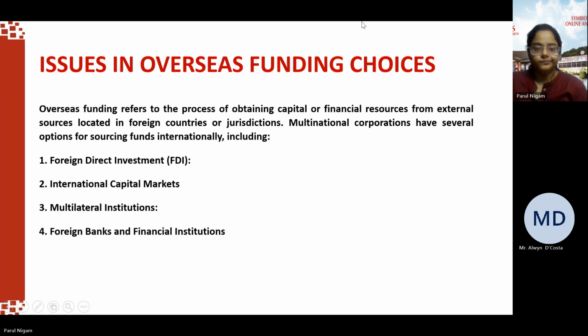So that is about FDI. Now the next is the international capital market. In the last session we discussed it in detail: what the international capital market is, what choices are available in it, and what the risks are.